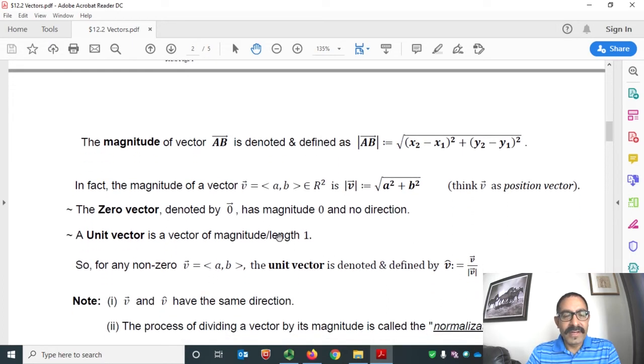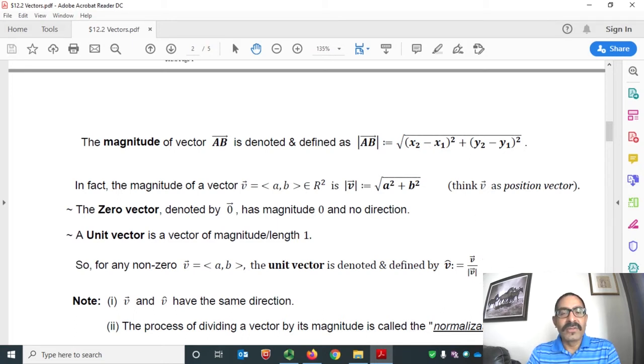Similarly, the zero vector has magnitude 0 and no direction. A unit vector is a vector of magnitude 1. So for any non-zero vector V, the unit vector is denoted and defined by V hat, which equals V over its magnitude.